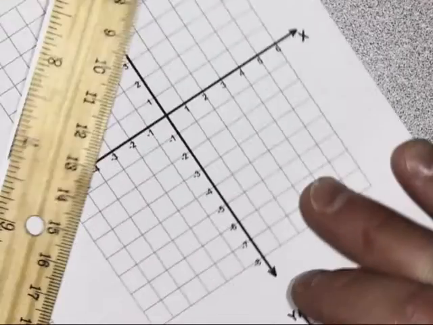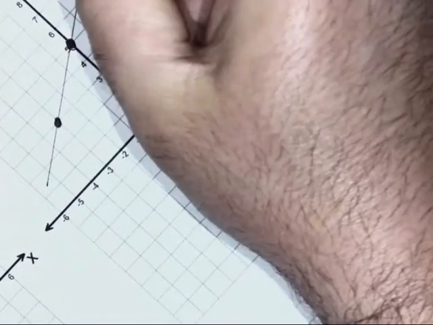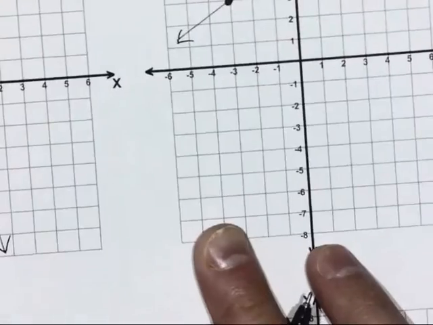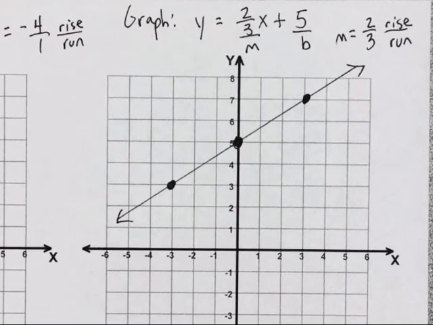Once I have my points, I can graph my line. And like I said, using slope-intercept form makes graphing lines a lot easier. It's a lot easier than making a table. In a lot of cases, it's easier than doing intercepts.